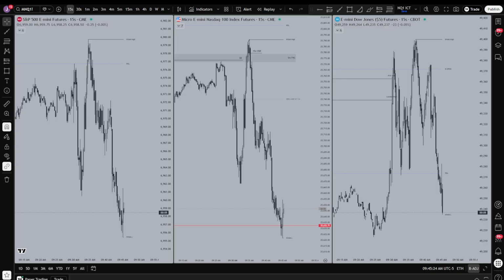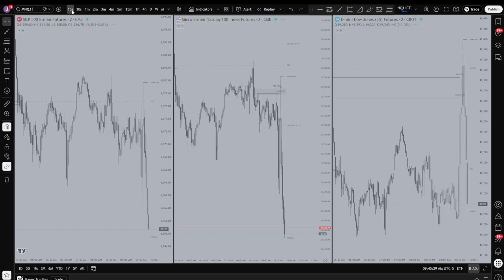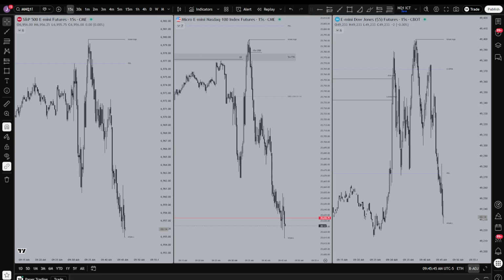YM's pushing down hard here. And then you want to give a nice little spike through. There you go. Fire. Dope. Not too shabby.